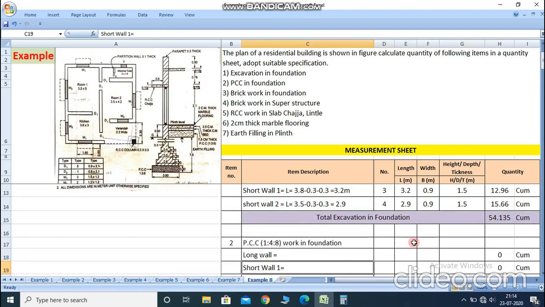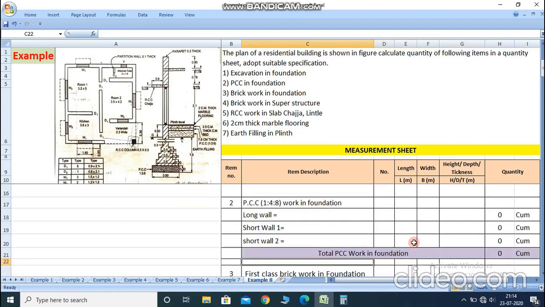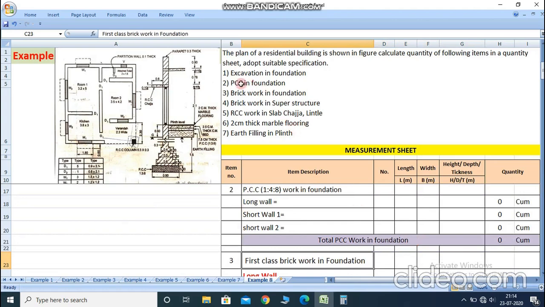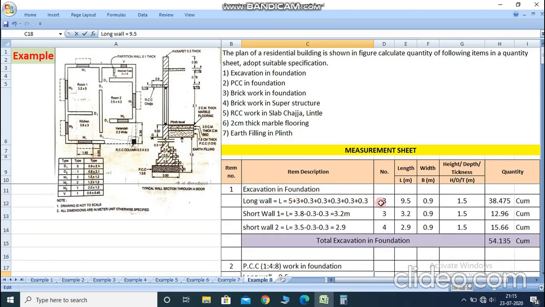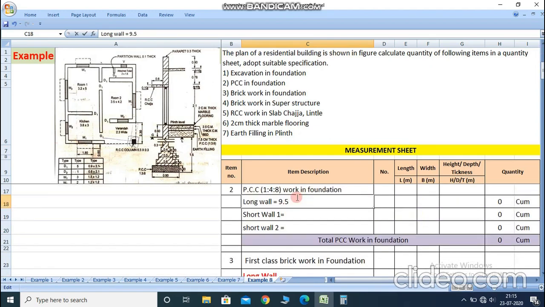Clear? Now after excavation, PCC work is required. So here the second thing is we find out the PCC in a foundation work. For the long wall we already calculated the length, 9.5 meter, in the first case, excavation for foundation.